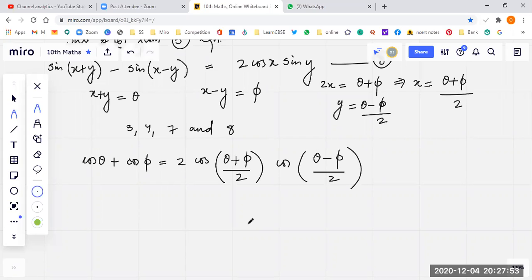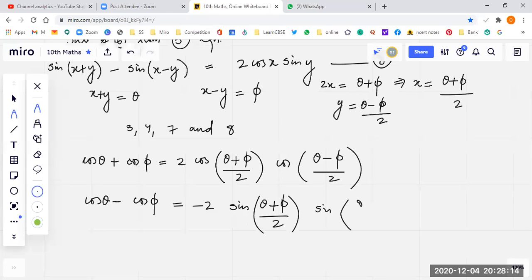Okay. Similarly, we can have cos theta minus cos phi is equal to minus 2 sine theta plus phi by 2 into sine theta minus phi by 2. Am I right?